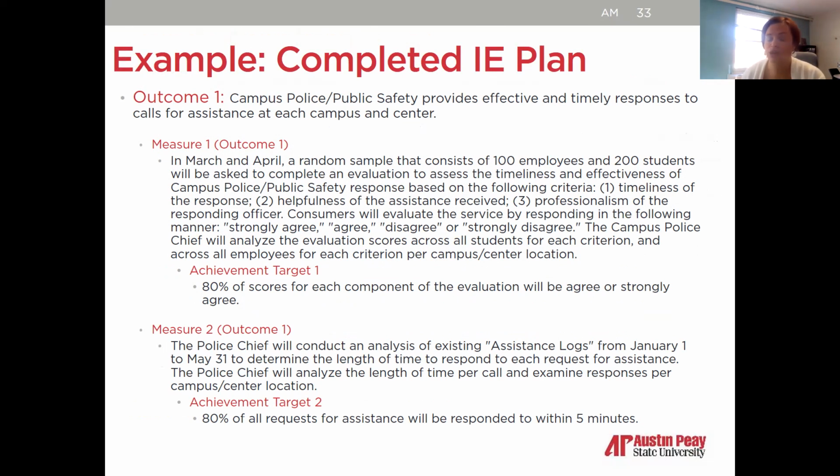Same for the second measure for that same outcome. So this is measure 2 of that same outcome 1 and the target for that. If you're wondering what this should look like in a narrative form, this is a good example of that. That will give you some of the things that we're asking you to include on that form.